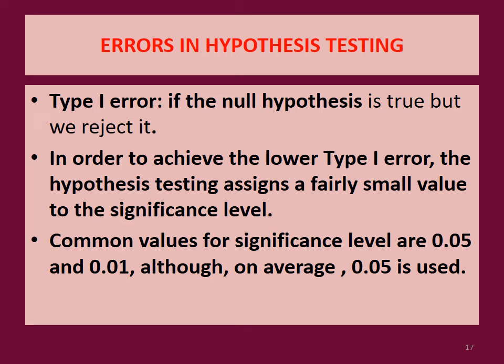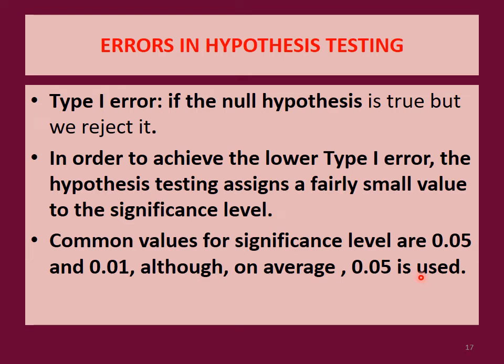Actually, in order to achieve a lower type 1 error, hypothesis testing assigns a fairly small value to the significance level, the probability level. Common values for the significance level are 0.05 and 0.01. On average, normally we use 0.05.